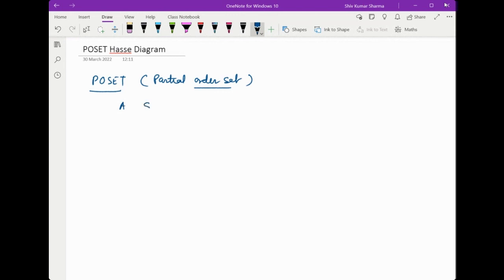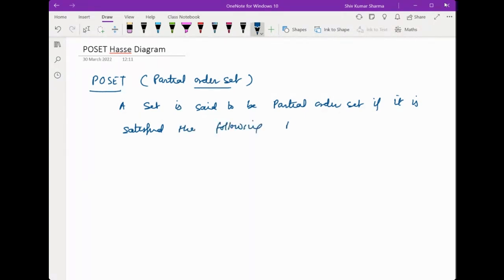A set is said to be a partial order set if it satisfies the following properties under the relation less than or equal to.